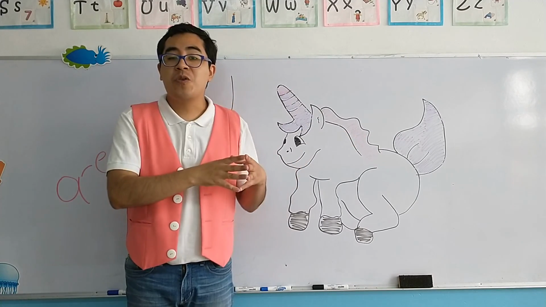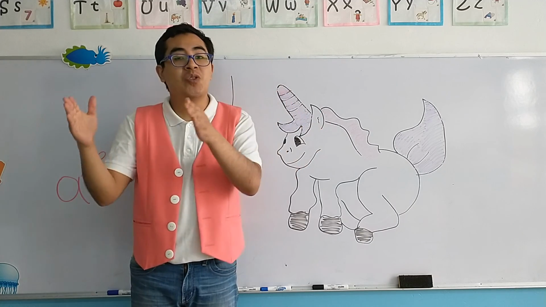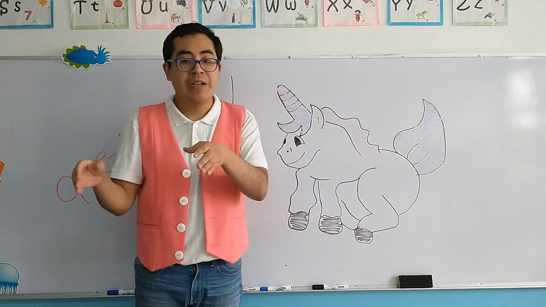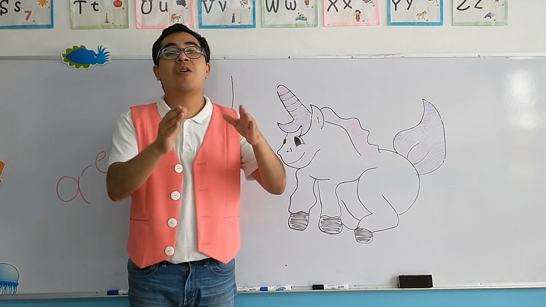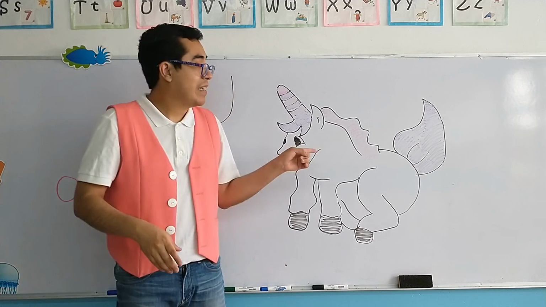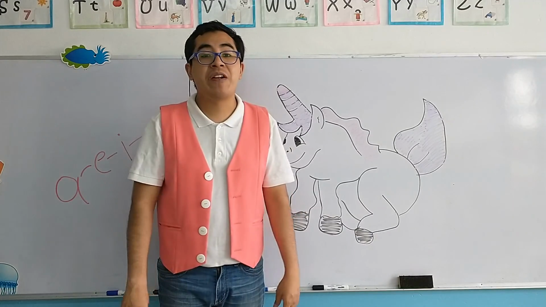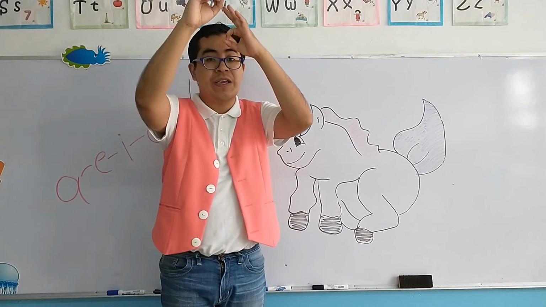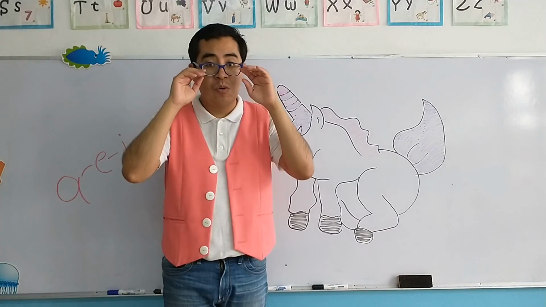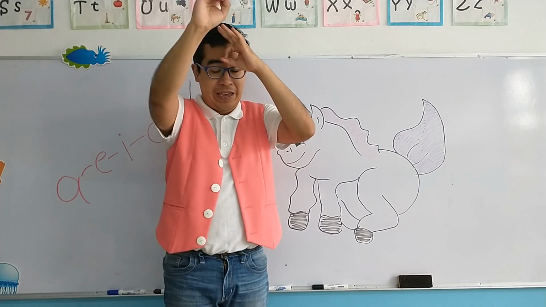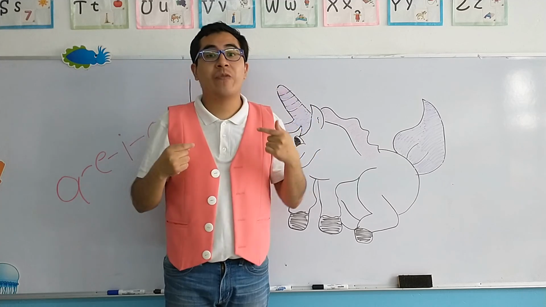Bueno, unicorn is similar to a horse, un caballo. The only difference is that the unicorns, they wear a big horn here on their forehead. Los unicornios tienen un cuerno aquí pegadito en su frente.